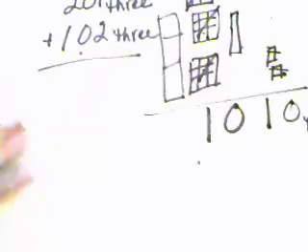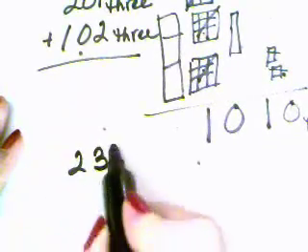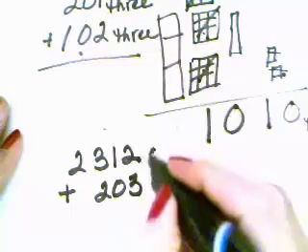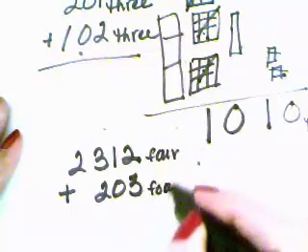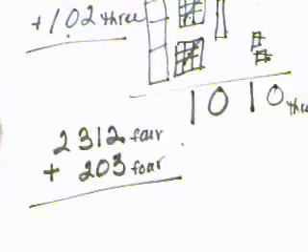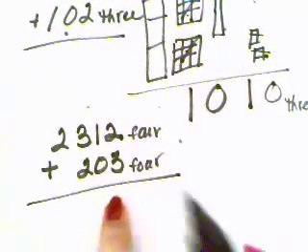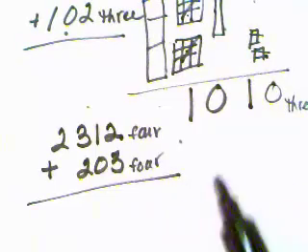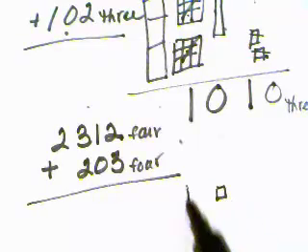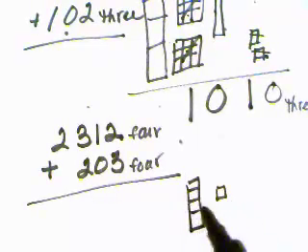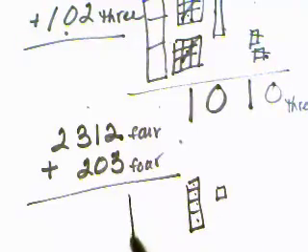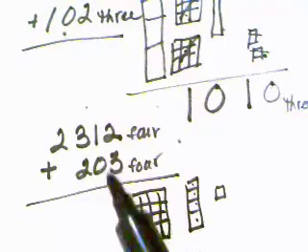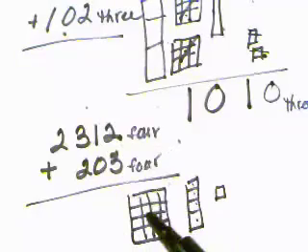Okay, let's look at a base 4 problem. So we need to think about what we have available in base 4. Remember that in base 4 we would have units, and then the long would have 4 units, and the flat would be a 4 by 4, and the long flat would be 4 of these.